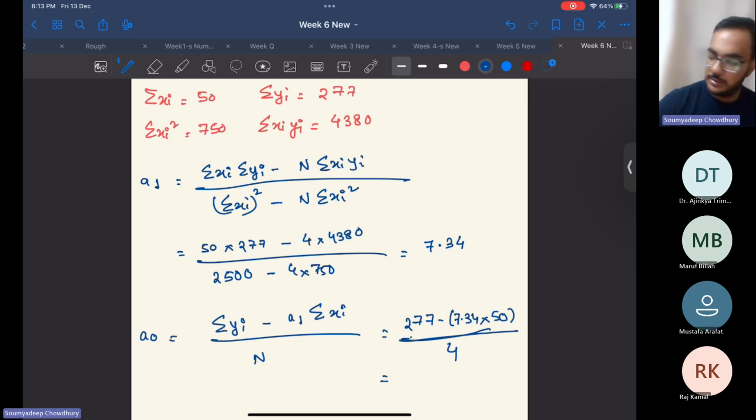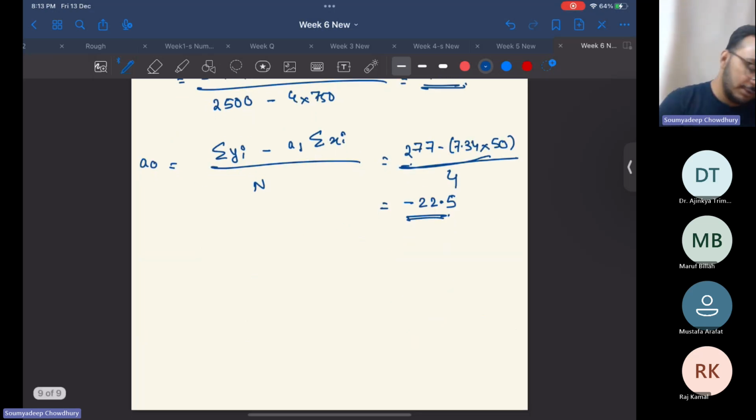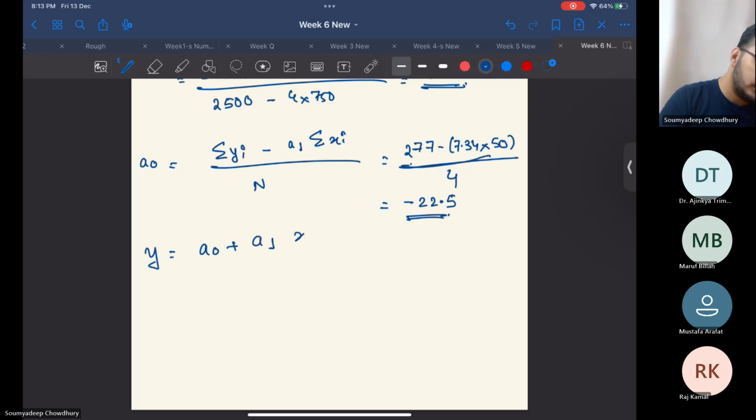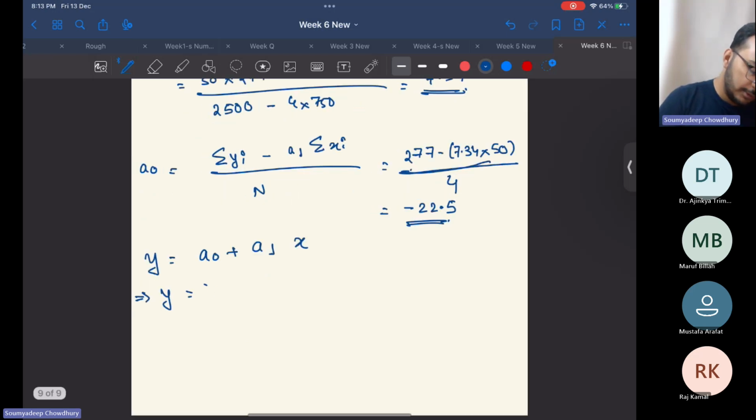So if you simplify this, this will come around minus 22.5. So a naught and a1 both you have got. So what is the equation? Now y equals a naught plus a1x, which gives me y equals 7.34x minus 22.5.